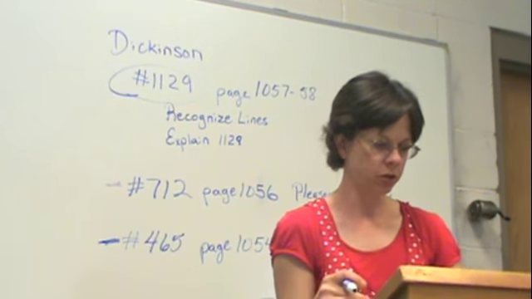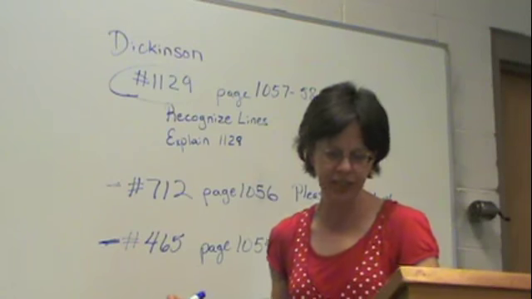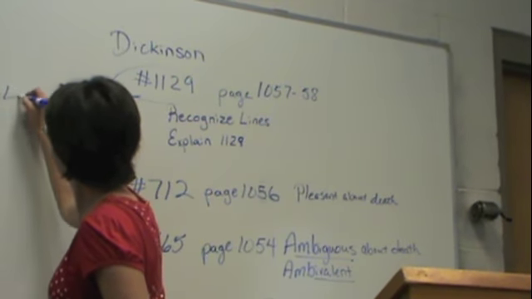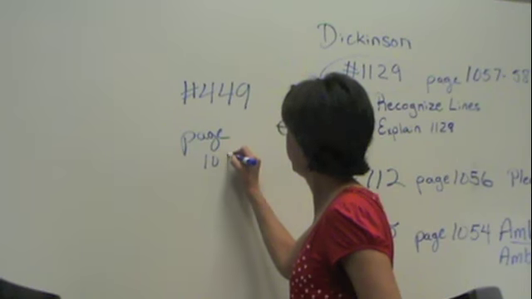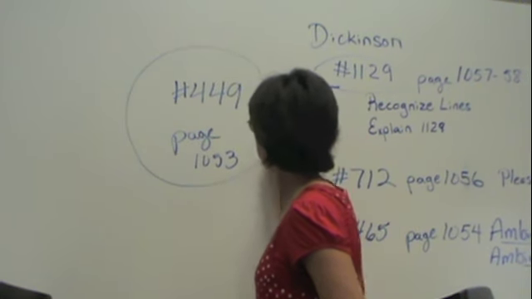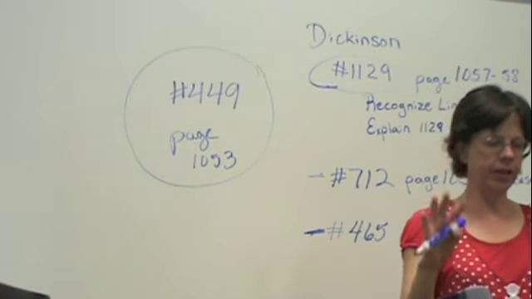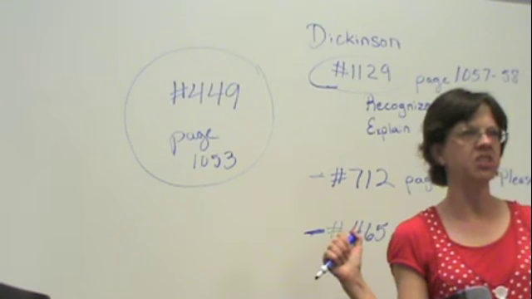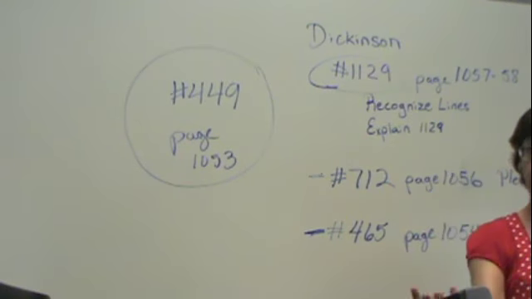You could also use number 449 on page 1053. That's another really good one because it's I died for beauty, I died for truth, and then they just talk and it seems so pleasant, and then the moss reaches their lips and covers up their names, and they had died for a great cause.